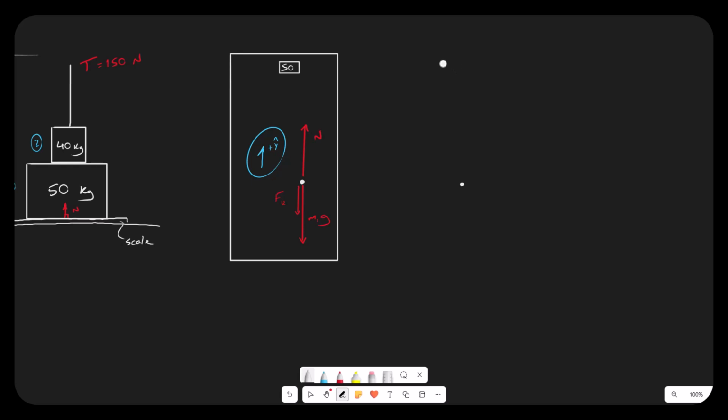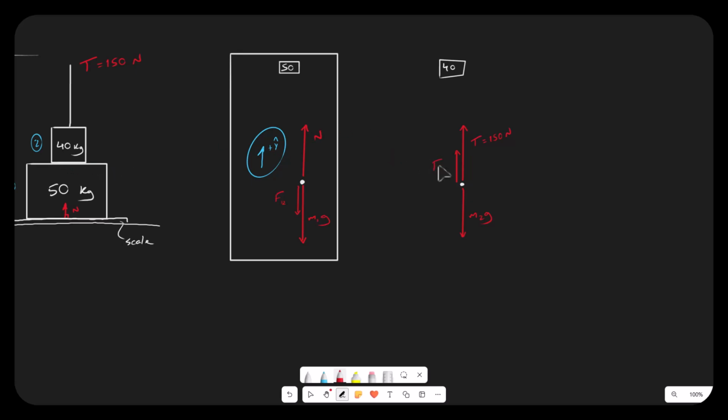I will also draw one for the top block, I'm sorry. So on this guy, I have a tension force that points upward, and it is 150 newtons. I have a downward force because this block has mass, m2g, and I have an upward force from the block underneath it.